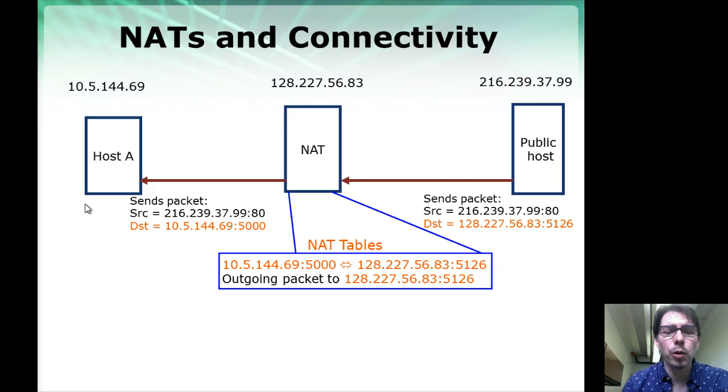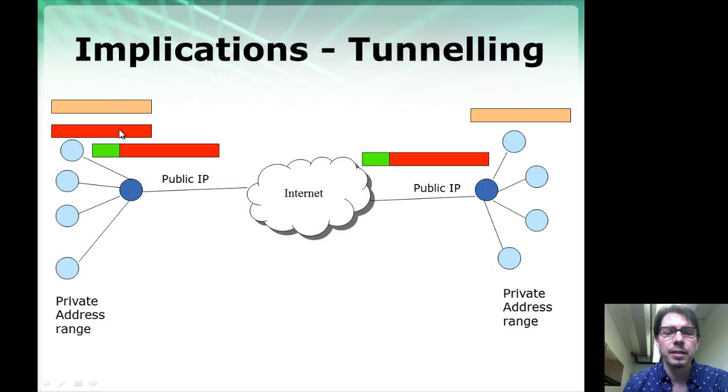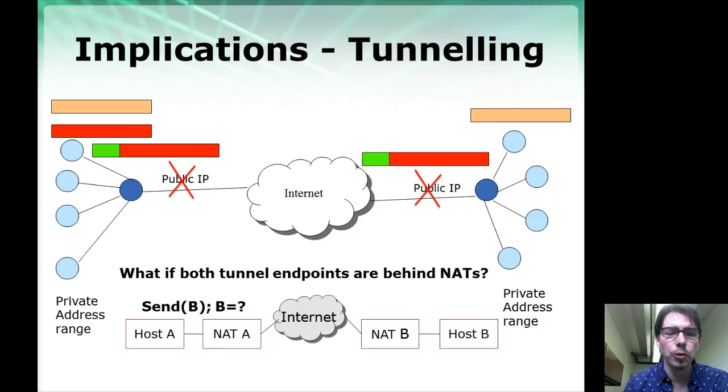So again, that tends to work well if you have a client on this side and a server on this side, because all the requests are being initiated by the client. But if you're trying to do tunneling and you have hosts that are not on the public internet anymore, let's say you have host A and host B who want to tunnel messages in a peer-to-peer fashion to each other, but they're both behind NATs.